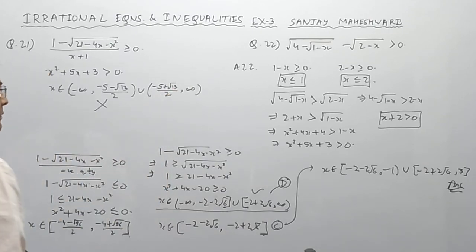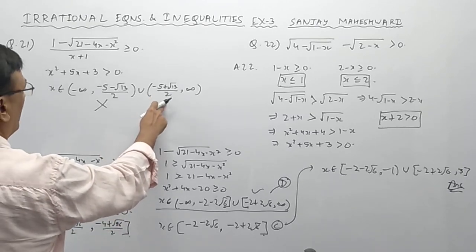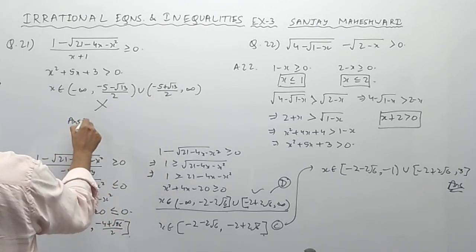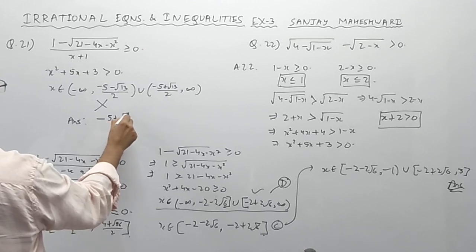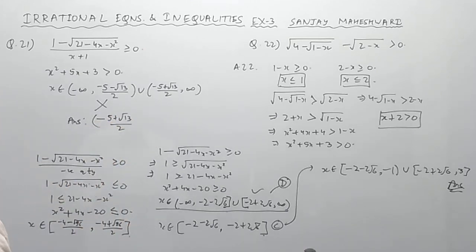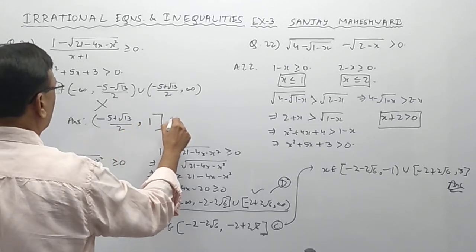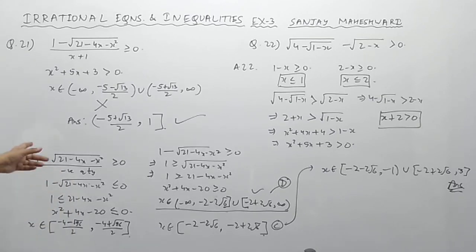Root 13 is approximately equal to 3.5. So the answer will be like minus 5 plus root 13 by 2. And it should be less than 1. Right? So up to 1 only. So this is the answer to question number 22.